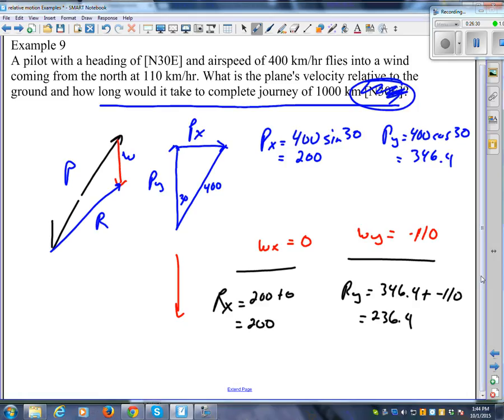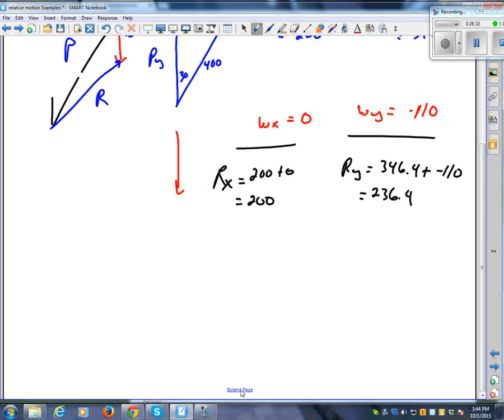Now what am I going to do? Put them back together, right? Take them apart, add them together, put them back together again. My Rx is 200, so that's 200 to the right. Ry is 236.4, that's up. Giving me an overall resultant of that direction, which is exactly what I had sort of in the first place, right there.